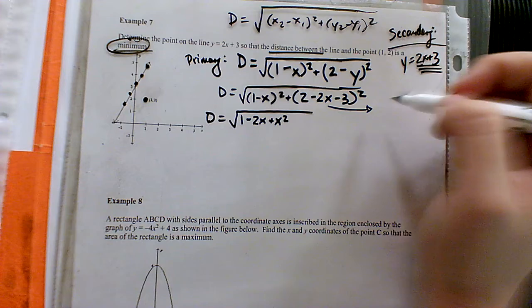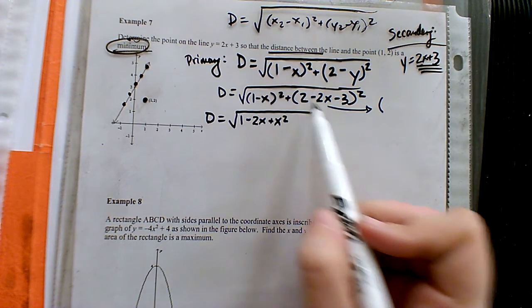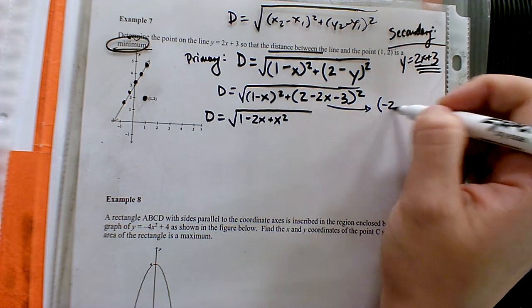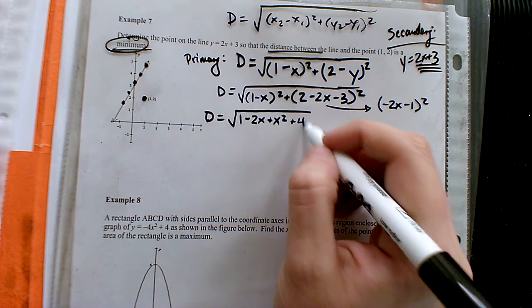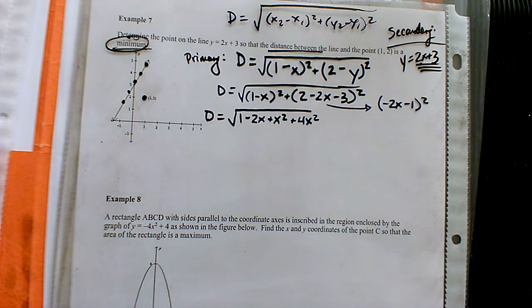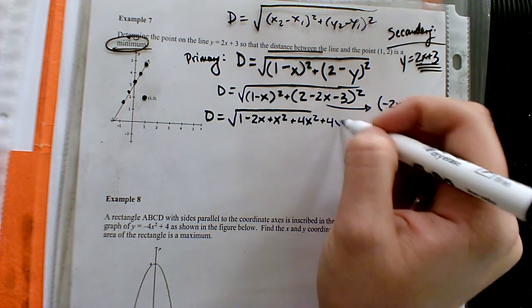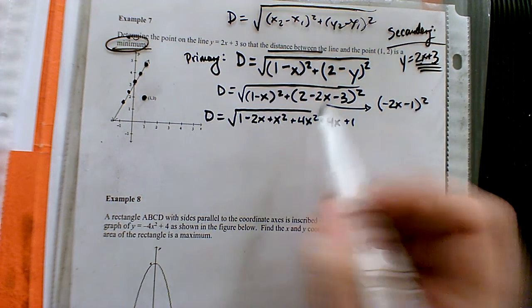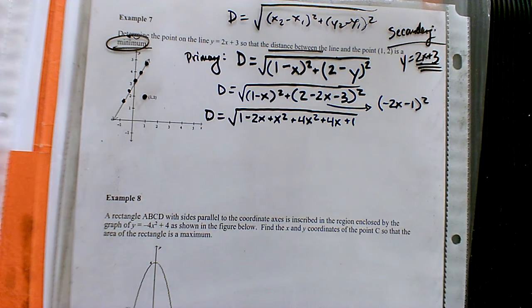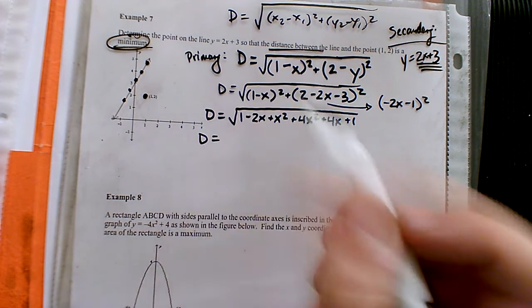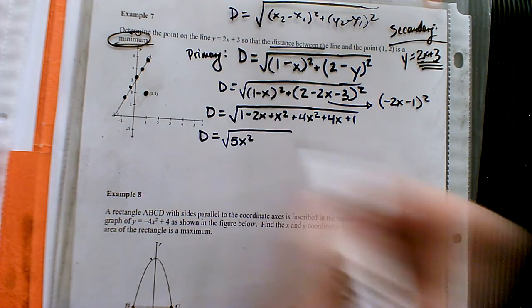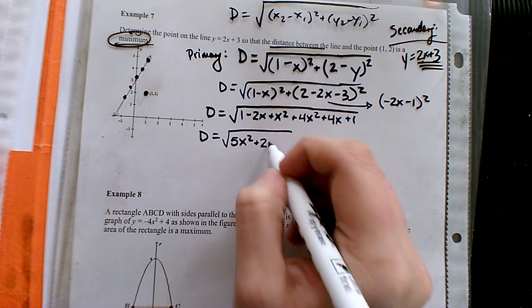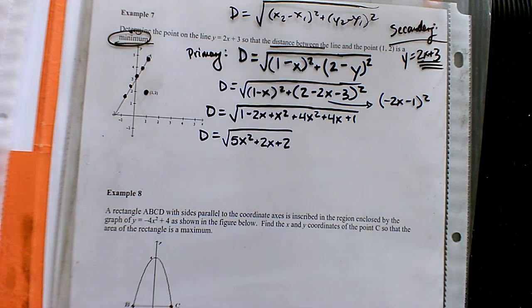Now for this other factor, 2 minus 3 is negative 1. So I got to expand that. Plus 4x squared plus 4x plus 1. So altogether on the inside, 5x squared plus 2x plus 2.